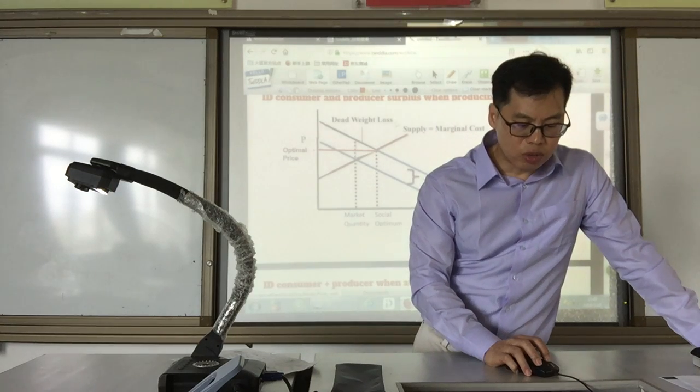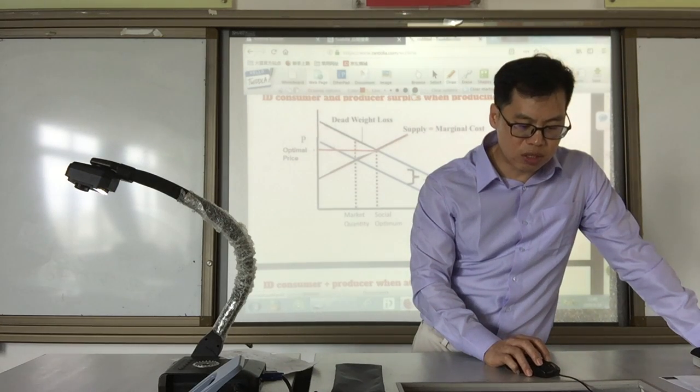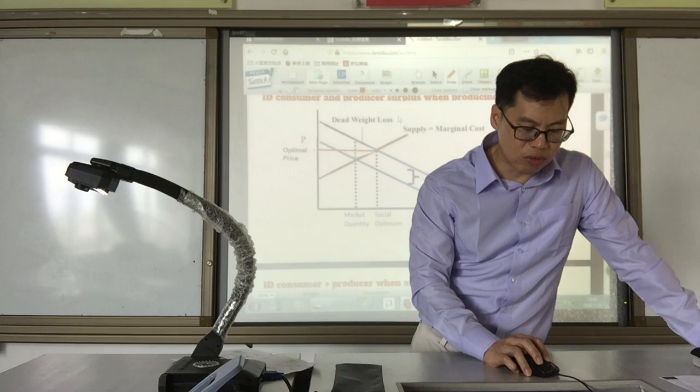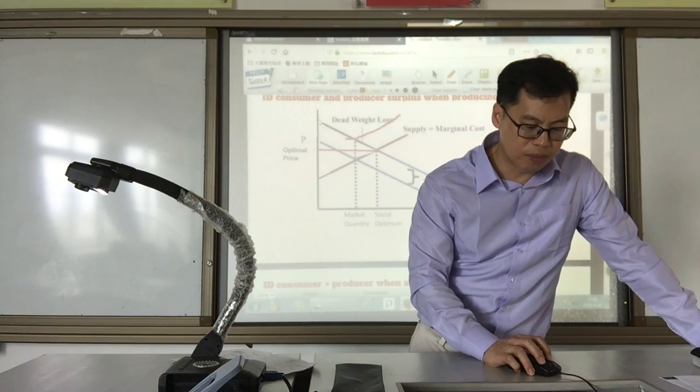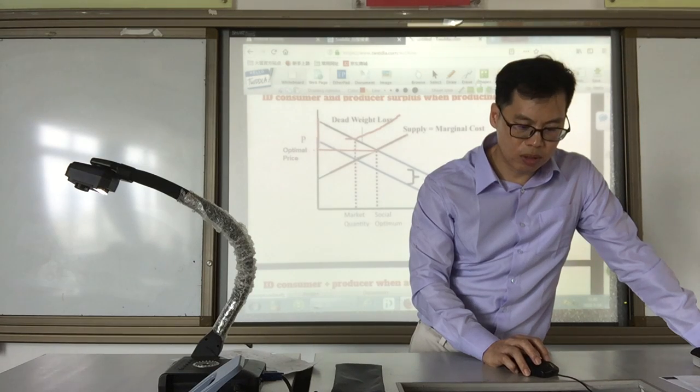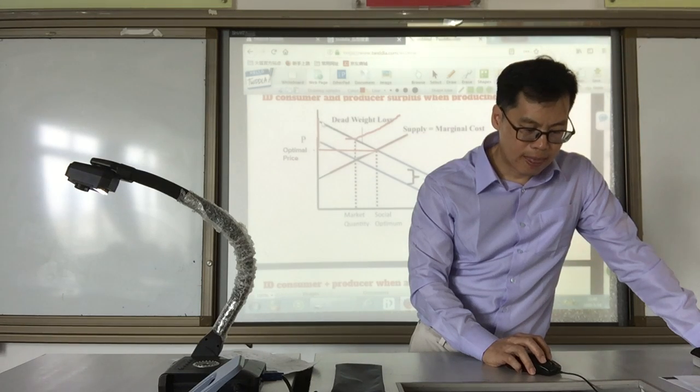So consumer surplus is right, let's see if I can do that really quick. Right there, it's this triangle. So it's that triangle.